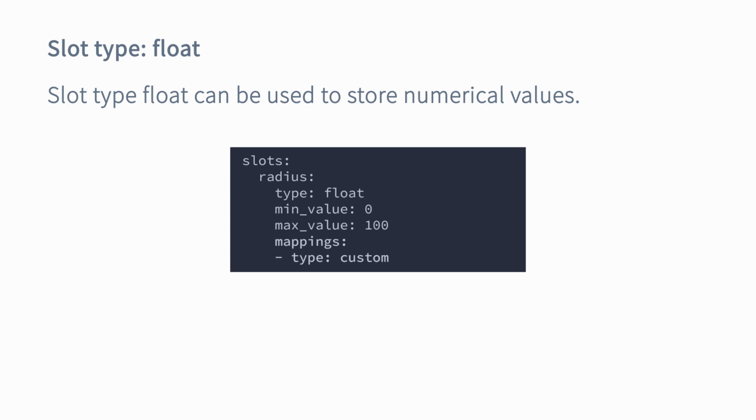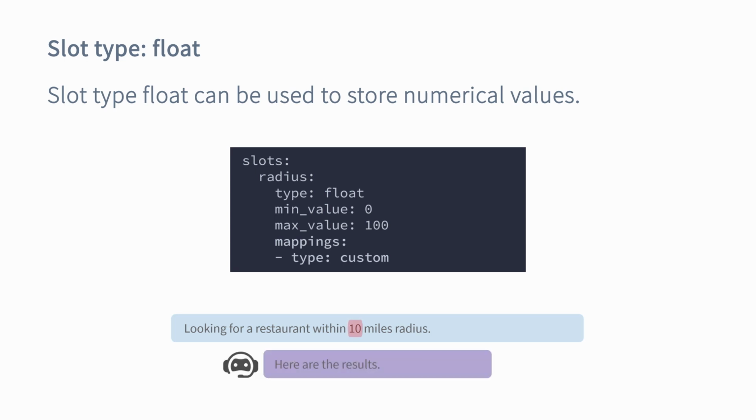If the user provides a value for the slot that is lower than the defined minimum value, that value will be set to the minimum value, and the same for the maximum. A very simple example of the usage of the slot is the restaurant booking assistant. Here, the user would like to find a restaurant within the 10 miles radius. If assistant extracts this detail and stores this detail as a slot, then an assistant can use that detail later on to optimize the search.